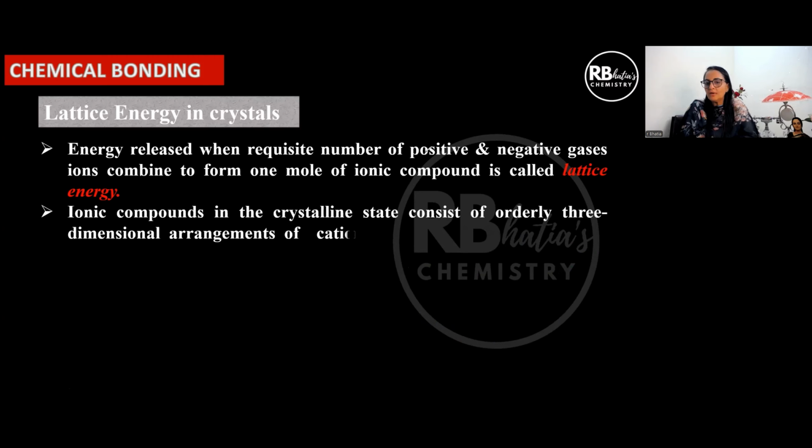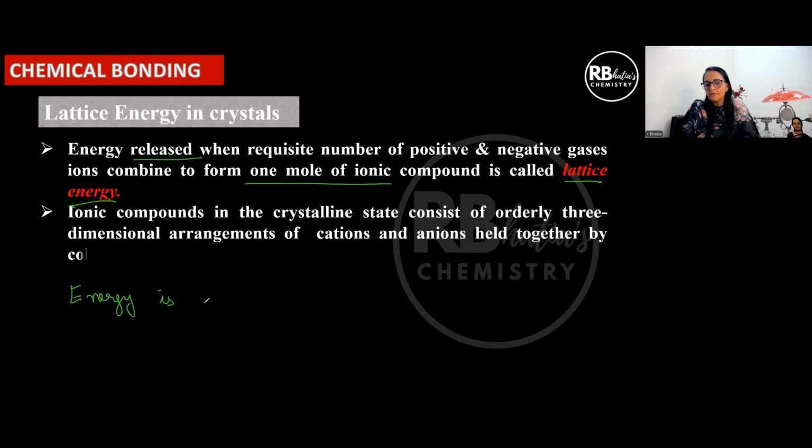So one point that I would like to once again point out: energy released when required number of positive and negative gaseous ions combine to form 1 mole of an ionic compound is called lattice energy. Also remember, the same amount of energy will be required to break 1 mole of lattice into its ions.